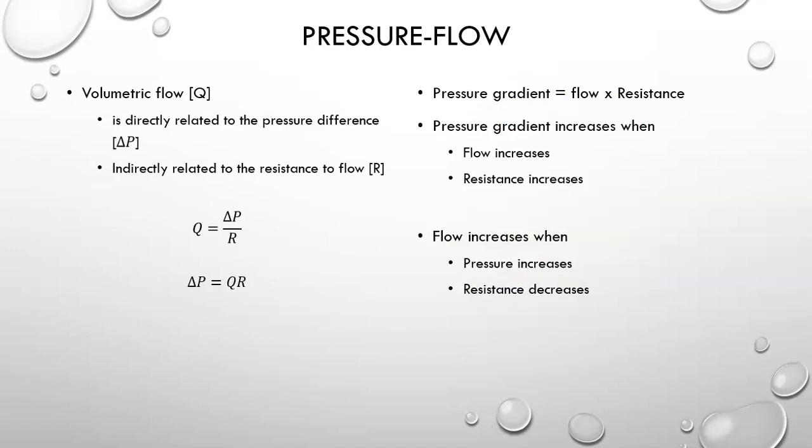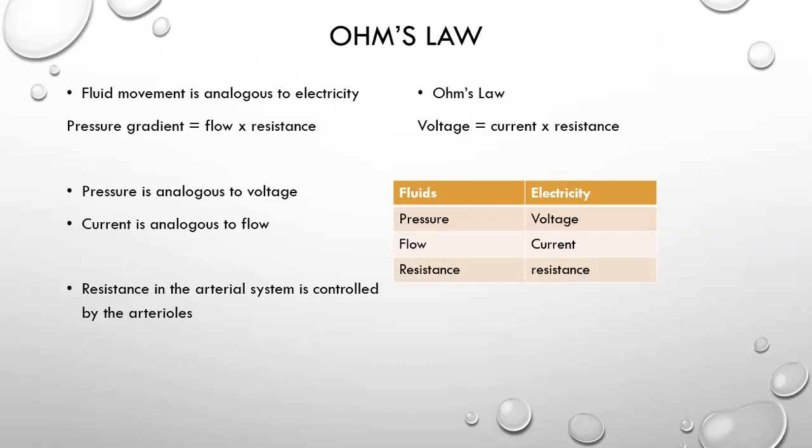And if we go back to the equation for pressure flow, the pressure, analogous to voltage, is equal to the flow times the resistance, which means that current in electricity is equal to voltage divided by resistance. So those are our analogies between Ohm's law and hemodynamics, volumetric flow.